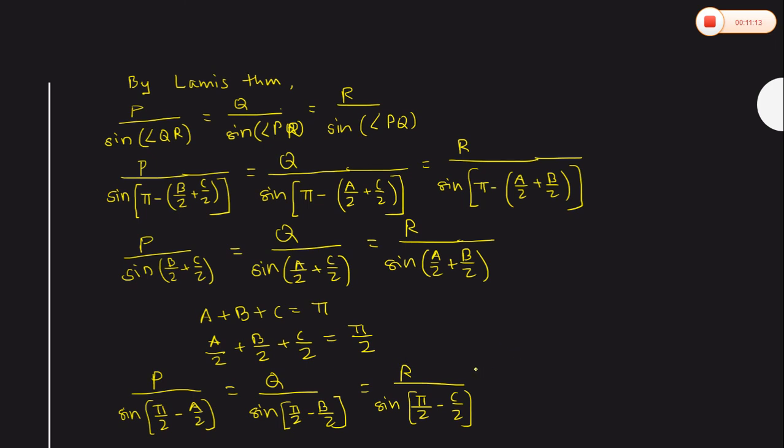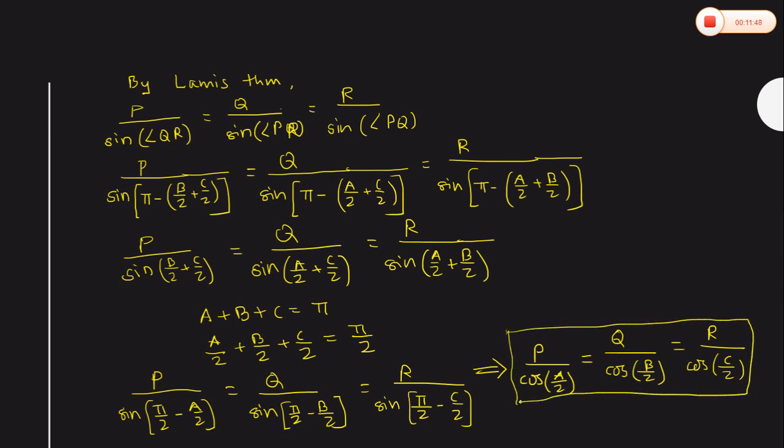So these three ratios become P upon cos A by 2 is equal to Q upon cos B by 2 is equal to R upon cos C by 2, keeping the second angle as it is. And this is our required result that we wanted to show.